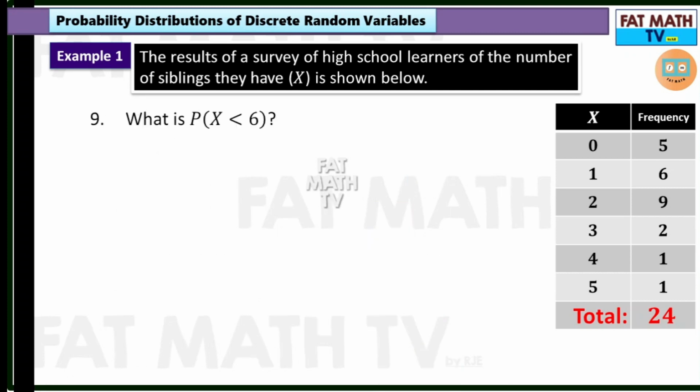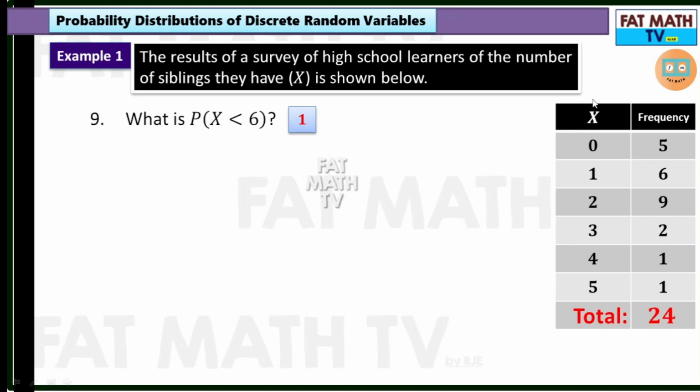Number 9, what is the probability that x is less than 6? Less than 6, so we have to add all of these. So it's 0, 1, 2, 3, 4, 5. So add all of these. 5 plus 6 plus 9 plus 2 plus 1 plus 1, that is 24. So 24 out of 24 is 1.